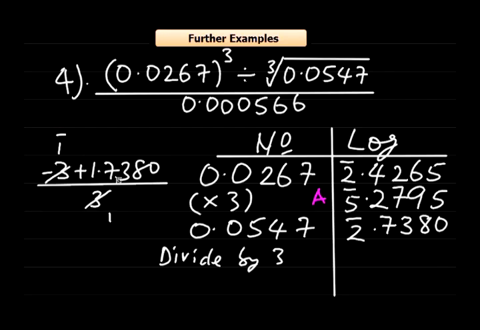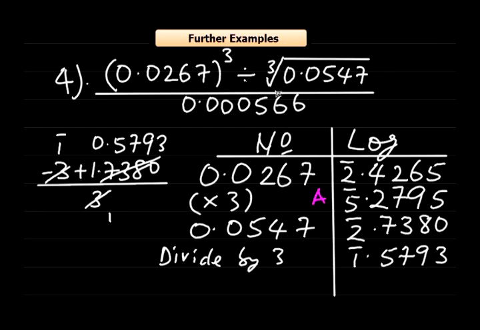Then 3 into 17 is 5, 15, remaining 2. 3 into 23 is 7, that's 21, remaining 2. 3 into 28 is 9, that's 27, remaining 1. 3 into 10 is 3. So here we are going to have bar 1 point 5793. So this is the result.